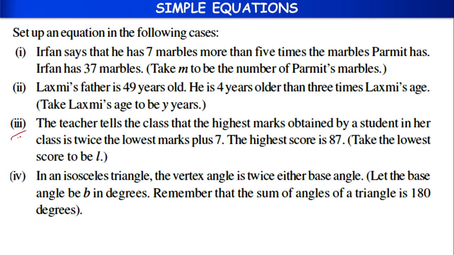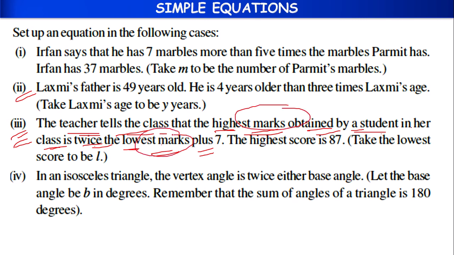Or let's see the third question. The second one you have to try, children. Third: the teacher tells the class that the highest marks obtained by a student in her class is twice the lowest marks plus 7. The highest score is 87.